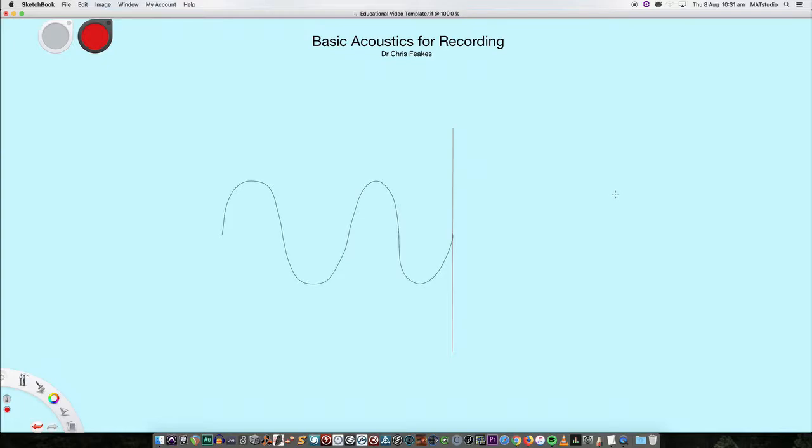It will travel back along the path it came in from, and we would hear it as an echo, or to give it its proper name, reverberation. So let me draw in the reflected wave. It was increasing in pressure as it hit the wall, so as it reflects back it's going to continue to increase in pressure. And it will just carry on following its familiar wave pattern as it did before.